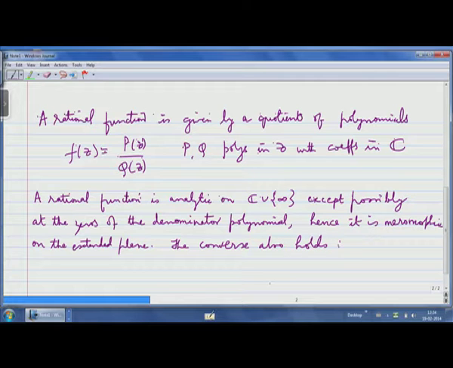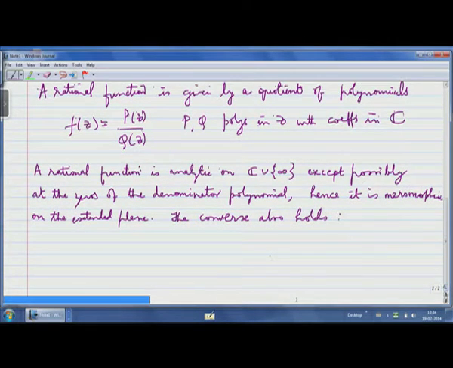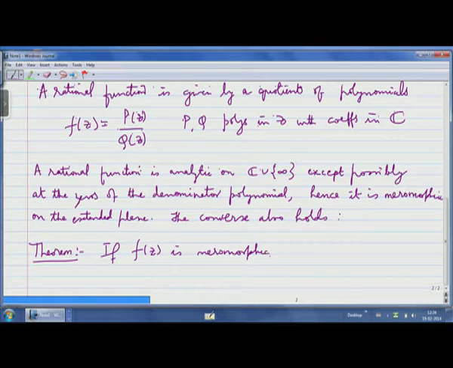So essentially here is a theorem. If f of z is meromorphic on the extended plane, then f of z is a rational function.